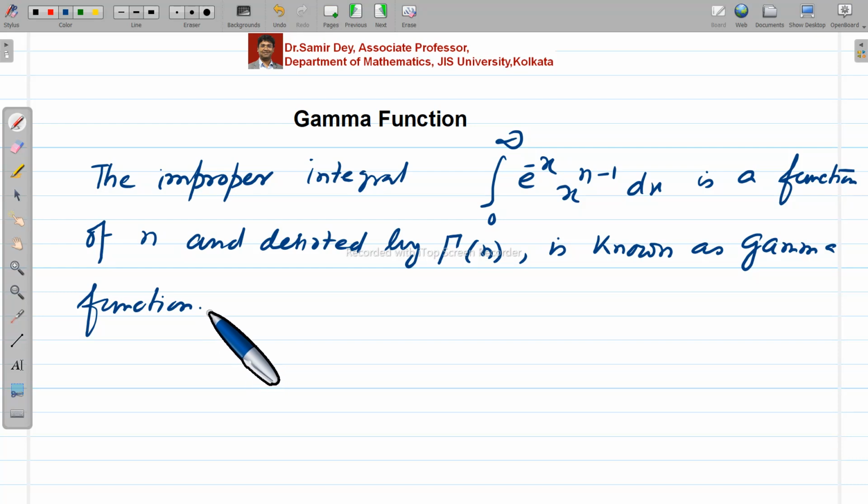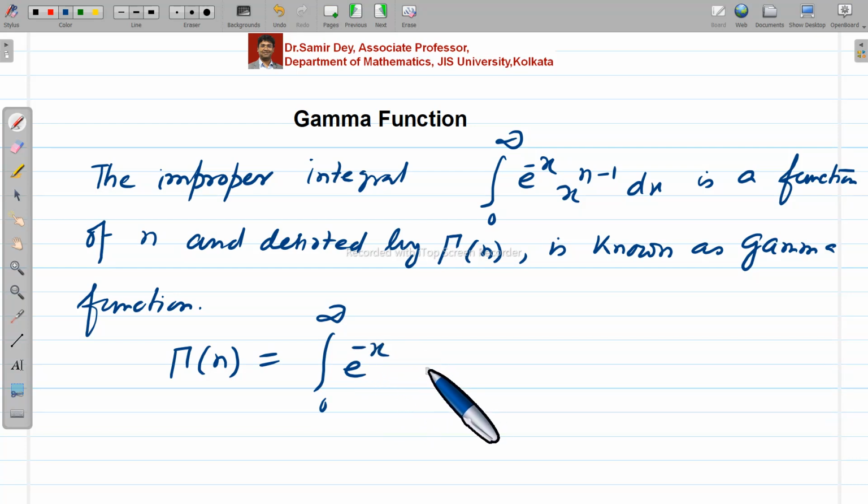So ultimately you have gamma n is equal to the integral 0 to infinity e to the power minus x, x to the power n minus 1 dx.